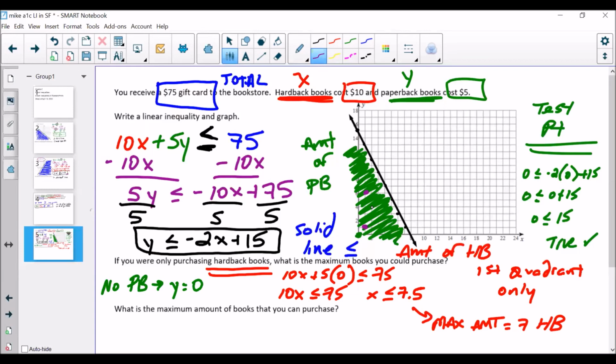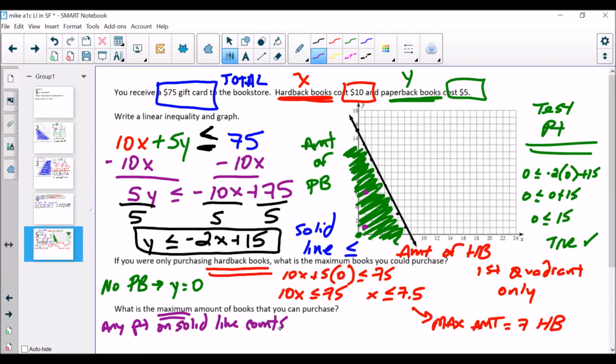However, what I need to consider here is the maximum amount of books. And we know that any point on our solid line counts.